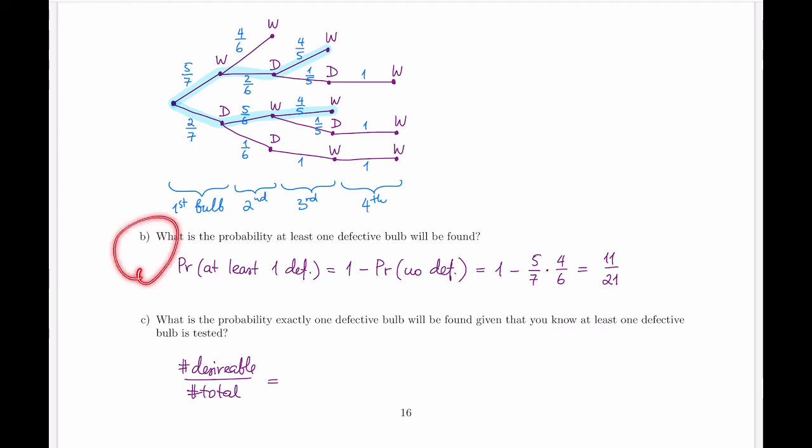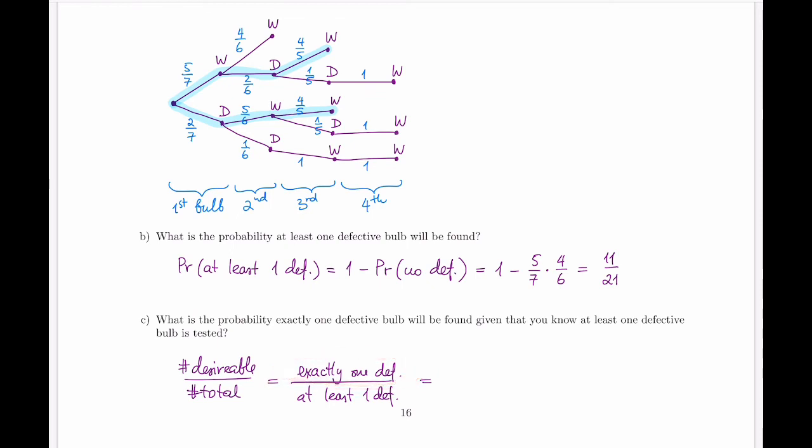And that is exactly what we've calculated in part B. So at least one is defective goes on the bottom, and my desirable outcome, exactly one defective, goes on top. Now, once again, a good common sense check is to make sure that what's on top is a subset of what's on the bottom.